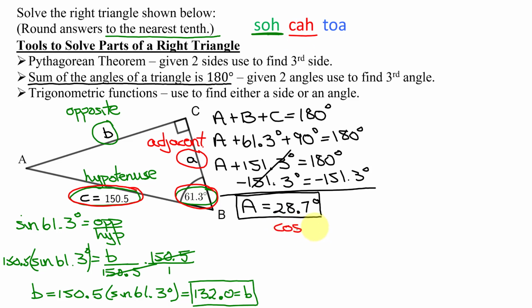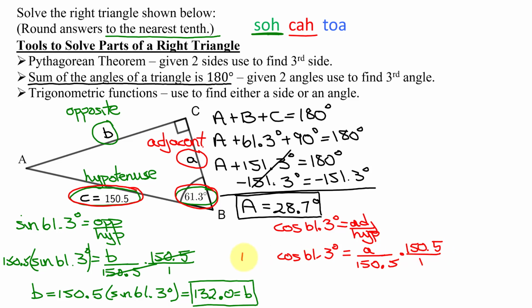So I know the cosine of 61.3 degrees is adjacent, excuse the bad handwriting, over hypotenuse. So the cosine of 61.3 degrees equals the adjacent side A over the hypotenuse, which is 150.5. Multiplying both sides of this equation by the hypotenuse.